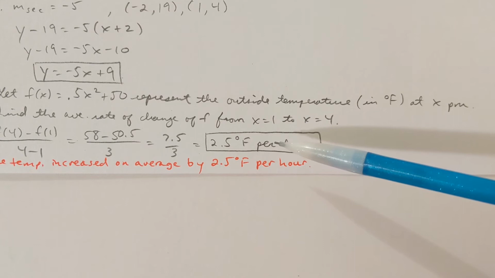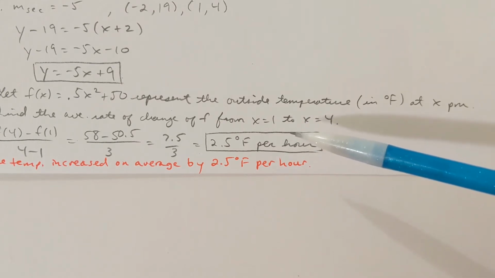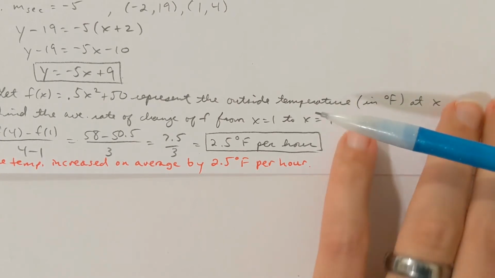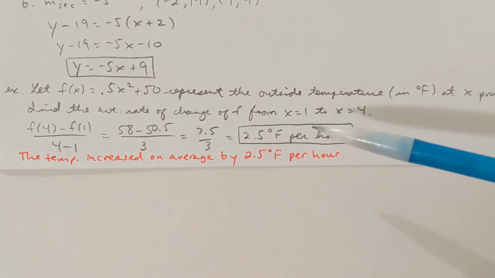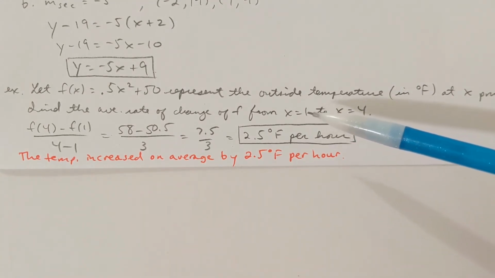In other words, the temperature usually drops from 1 a.m. to 4 a.m. Usually. So the temperature decreased on average, by whatever it would be, per hour.